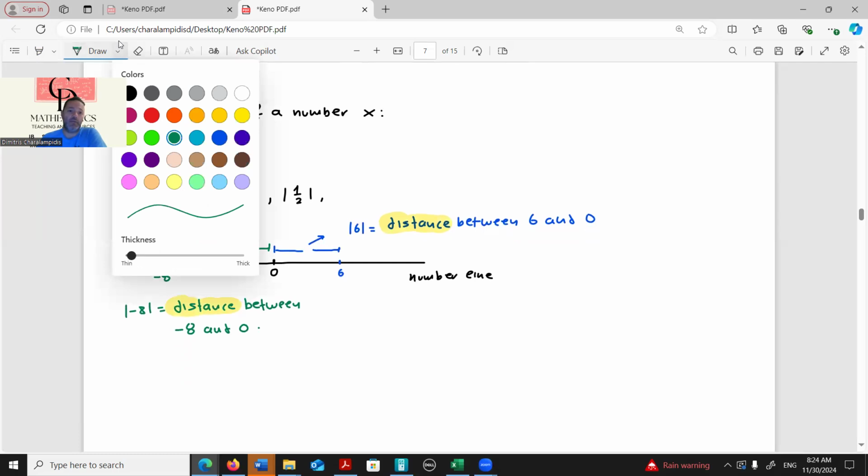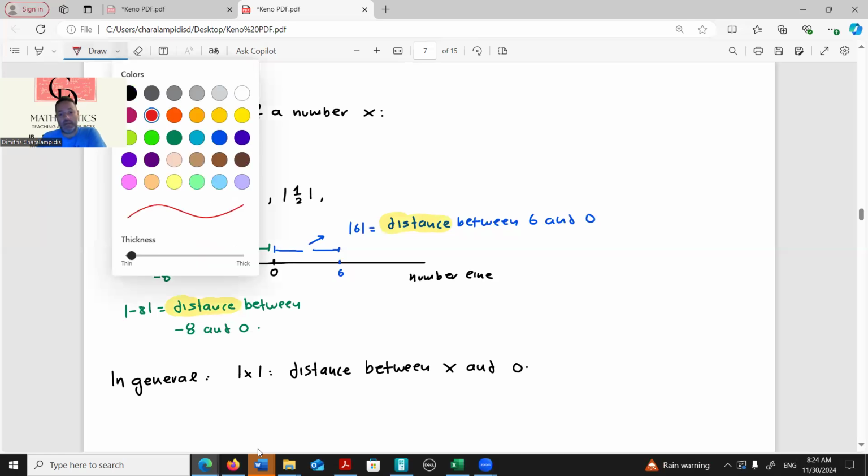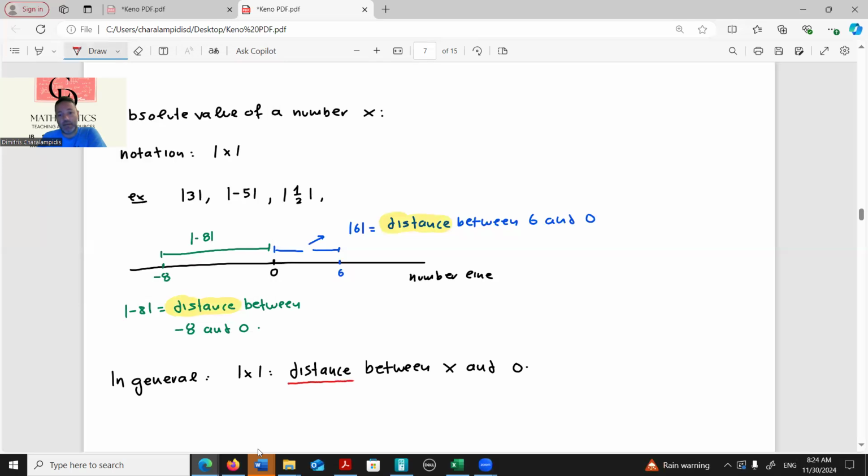In general, in order to generalize everything, from now on, we should keep in mind that the absolute value of a random number x will always define the distance between x and 0.